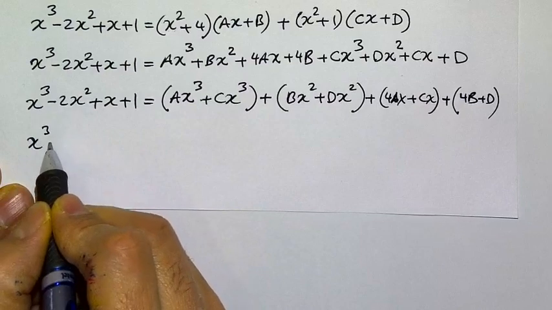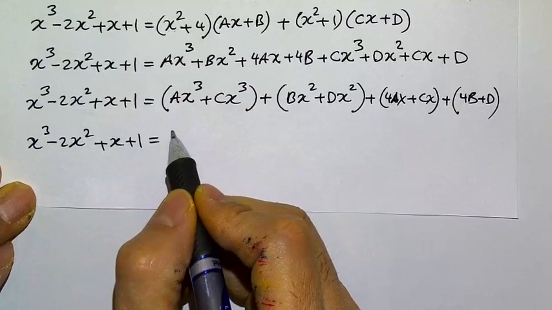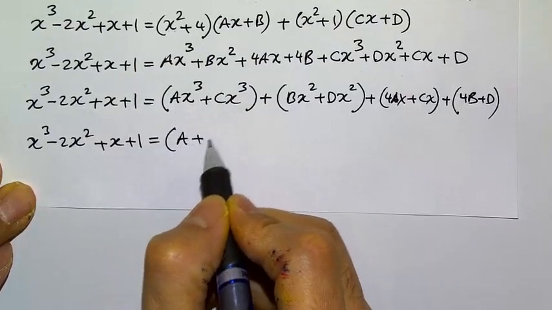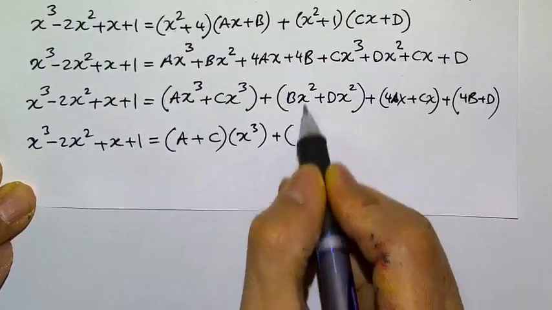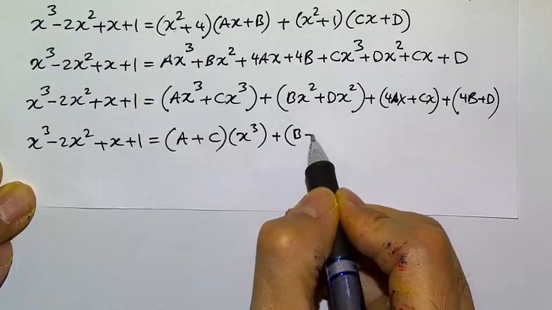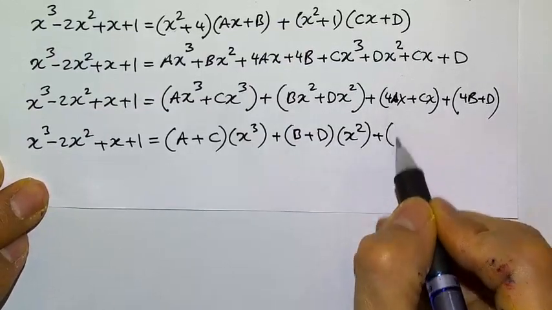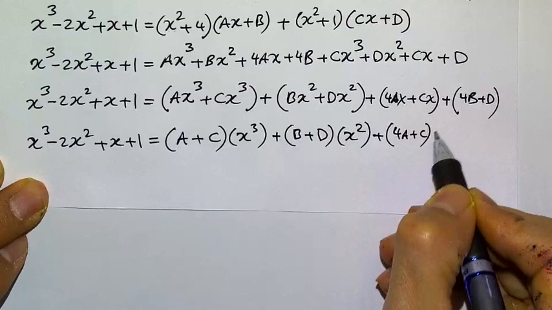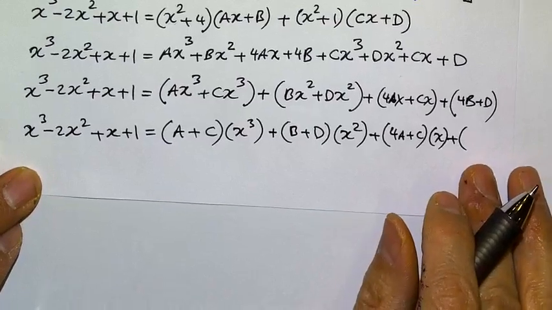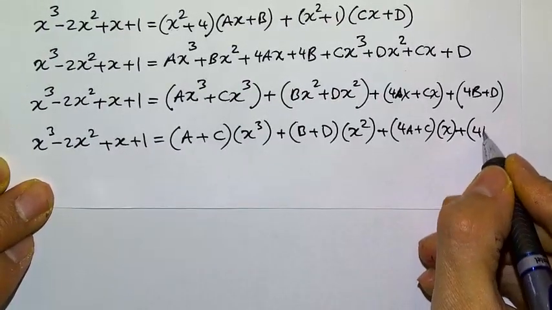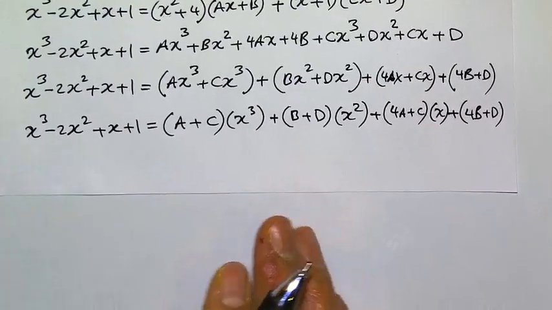On the left, we have x squared, x cubed minus 2x squared plus x plus 1 equals, we have a plus c times x cubed plus b plus d times x squared plus 4a plus c times x plus, of course, 4b plus d. Like that.